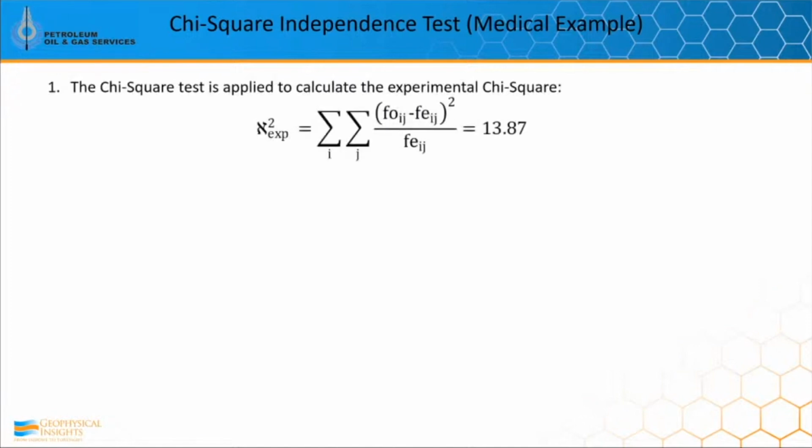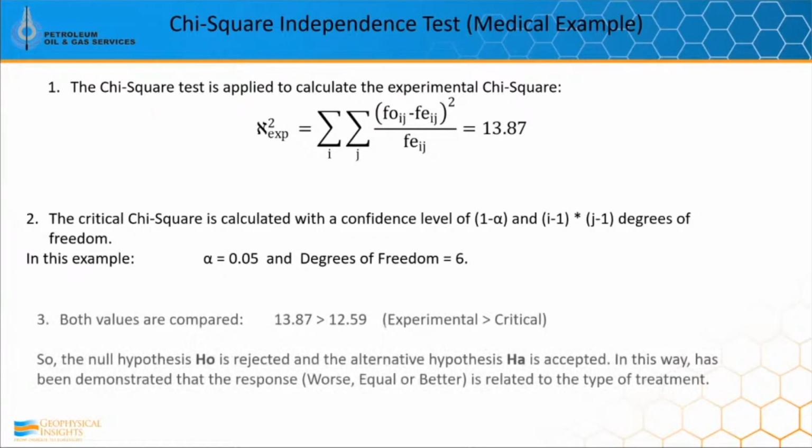Continuing with this medical example of chi-square, we calculate the critical chi-square value with a confidence level of alpha and 6 degrees of freedom.